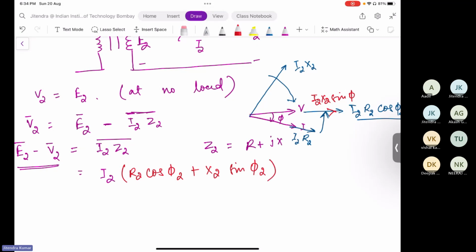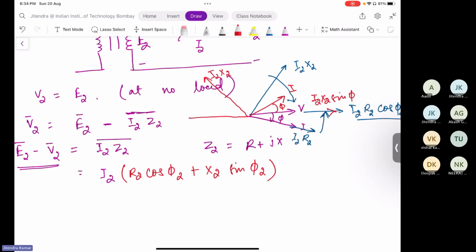Okay. When this phi is lagging, what happens when this phi leads? Let us suppose this is the I when this angle is leading. If it leads, again I2 R2 will align in the same direction with cos phi 2. But when you take the orthogonal, this will be the direction of I2 X2.